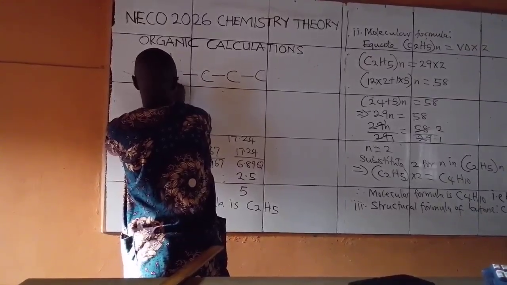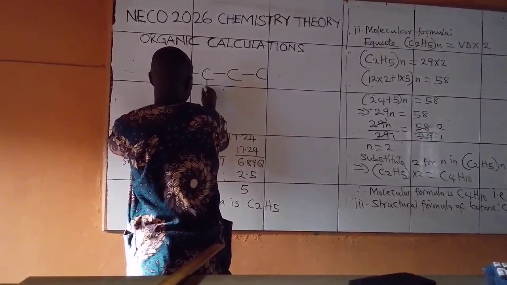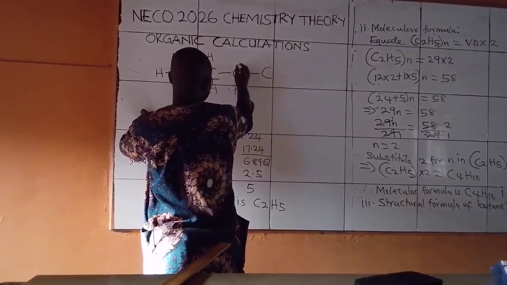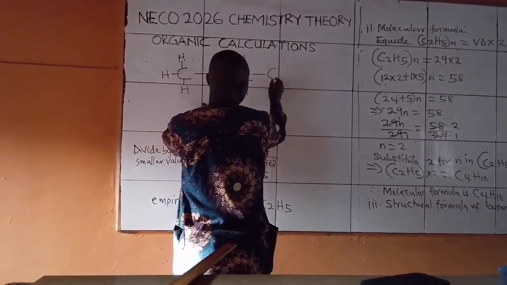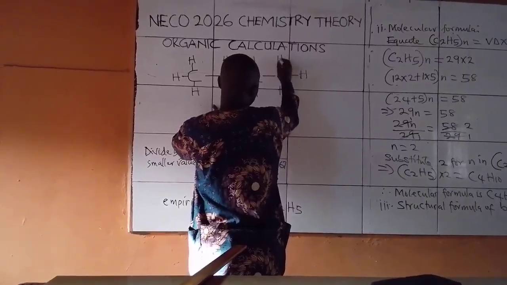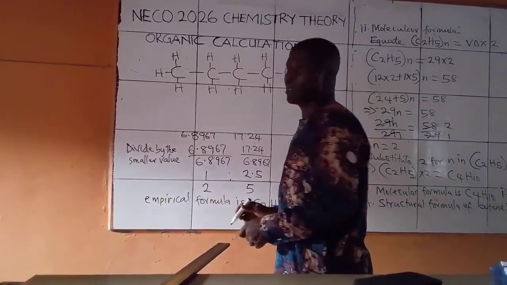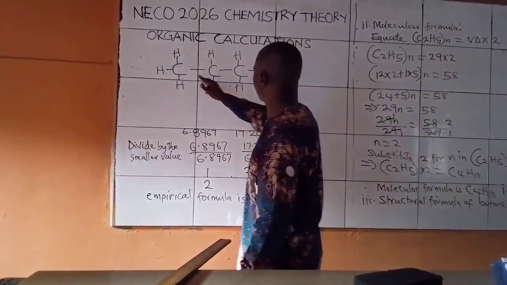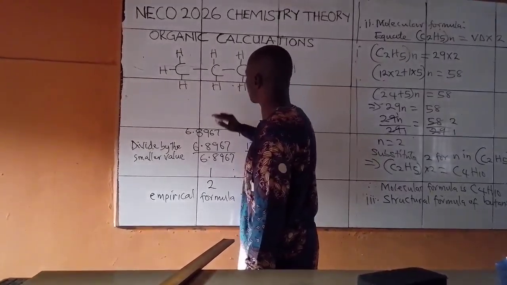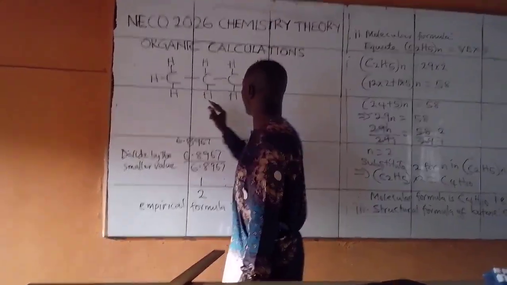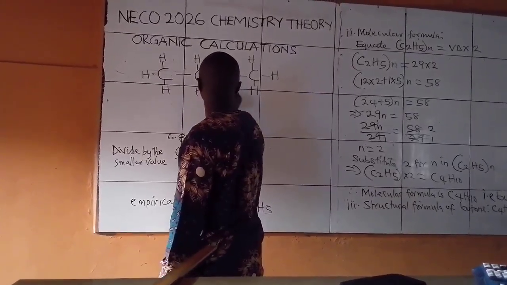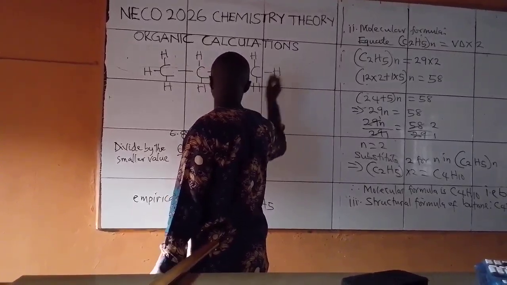So we have C4, 1, 2, 3, 4 carbon atoms. Then for hydrogen atoms, that's 10 hydrogen atoms. 1, 2, 3, 4, 5, 6, 7, 8, 9, 10.